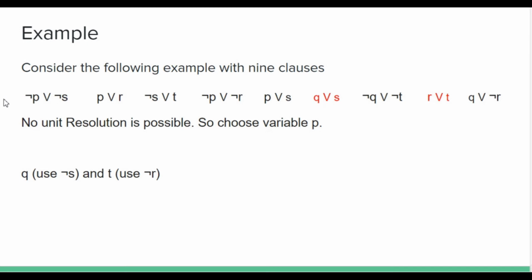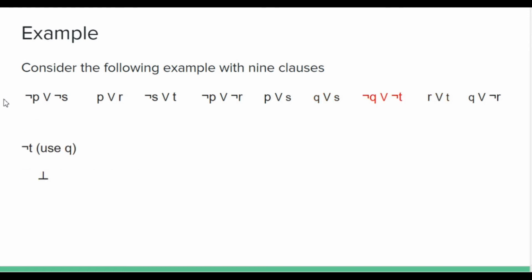If we look at the red clause not q or not t, and we have our clause q, we can derive a new clause not t. But now we see that we have t and not t, which yields a contradiction. It can be seen as a unit resolution step, but in any case we derived the empty clause. So this ends the first case in which we have added p.